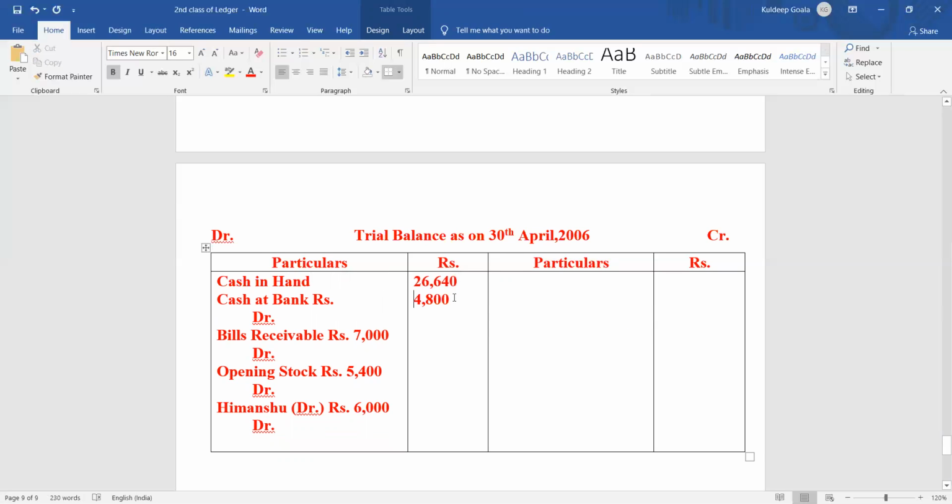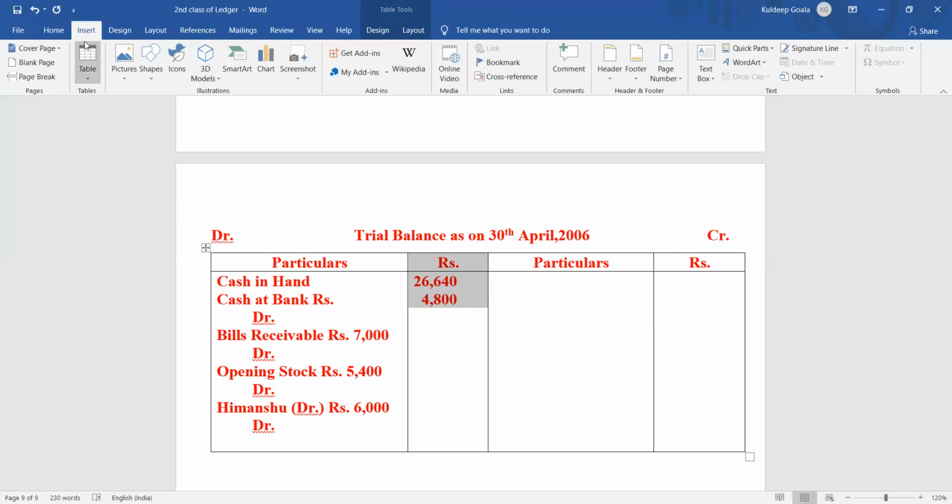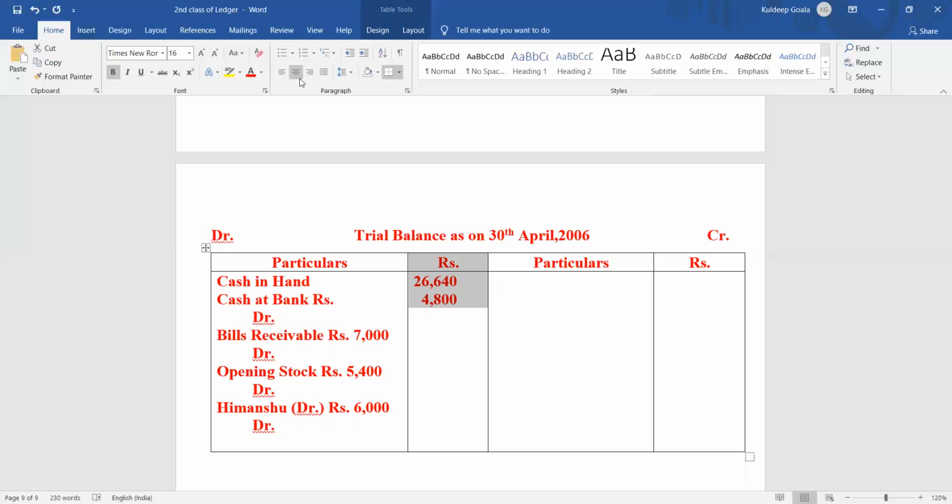All the debit items I'm preparing on this side, right? Just a minute. Okay, let me set the setting here. All the alignment should be on the right side, so that whenever we write the amount it appears from the unit and tenth place. This we can keep in the center, right?